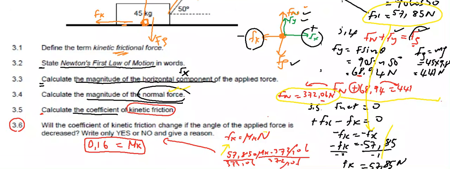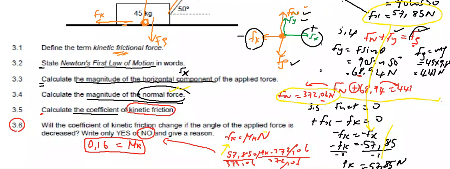Okay, the object is moving on the same surface. The object is moving on the same material, which means the coefficient of kinetic friction didn't change because the same material is used. Therefore the answer is no, because the same surface, the same material is used.